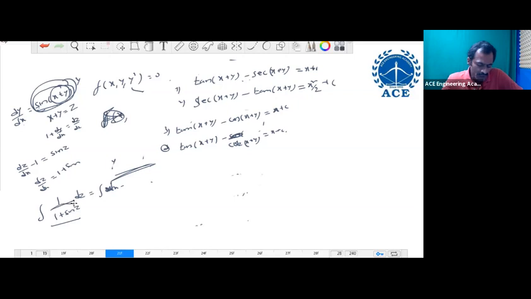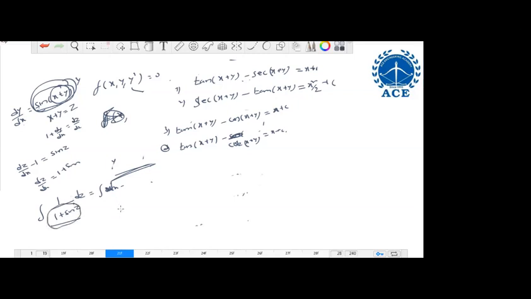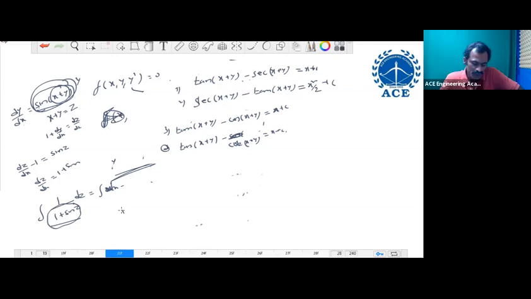Only we have to integrate this 1 by 1 plus sine z. Actually, one method is here. We can write 1 as sine square theta plus cos square theta, and sine 2 theta equal to 2 sine theta into cos theta.